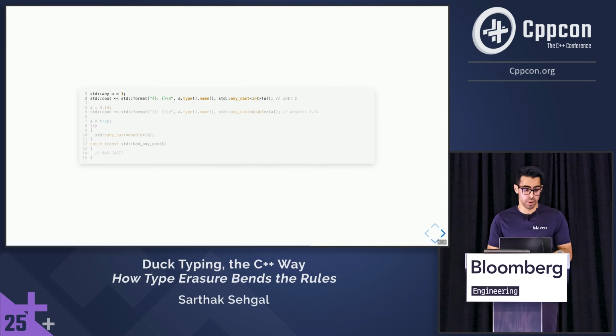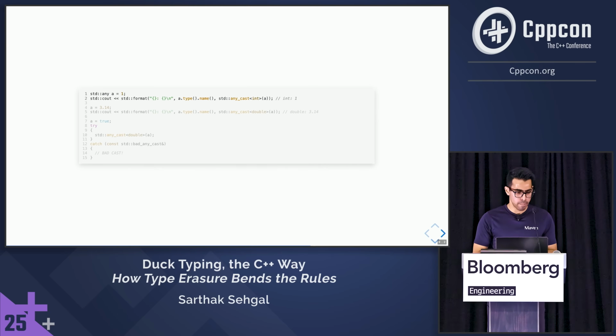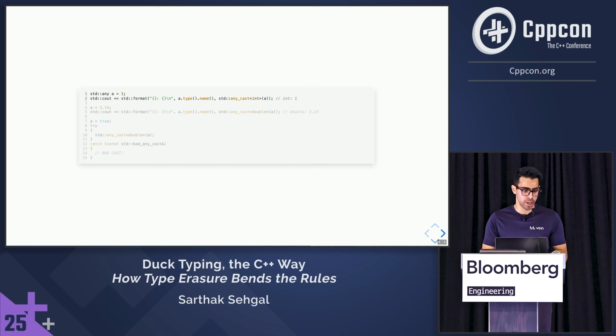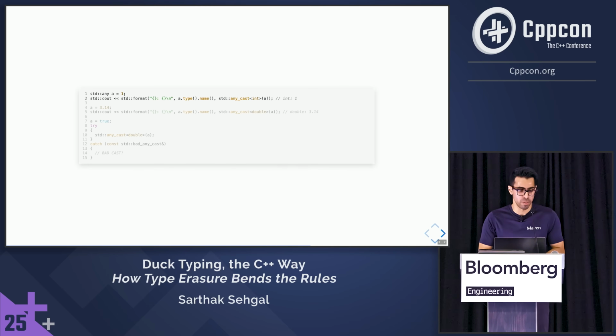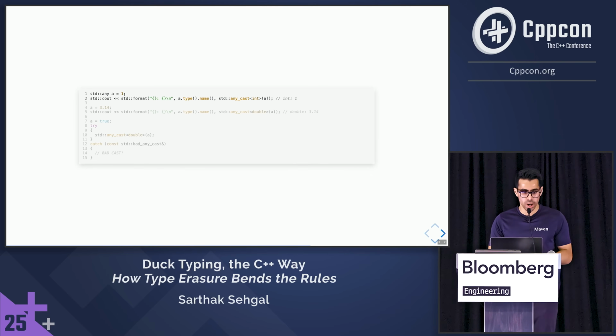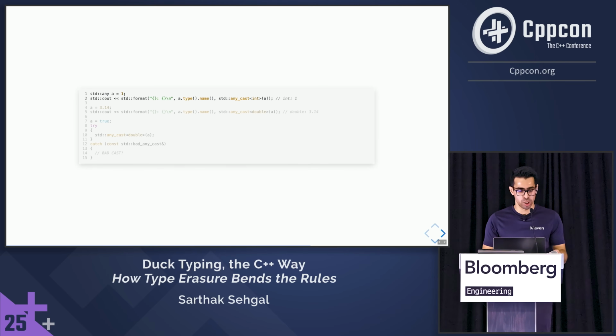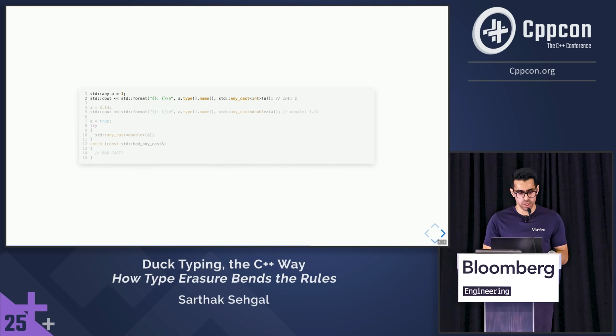Here I'm assigning an integer to it, and you can assign it anything, and somehow it stores the type information of that. And you can print the type name. You can cast it back to the original type. Here I'm printing the type name. It prints int and casts it back to integer and prints that integer.